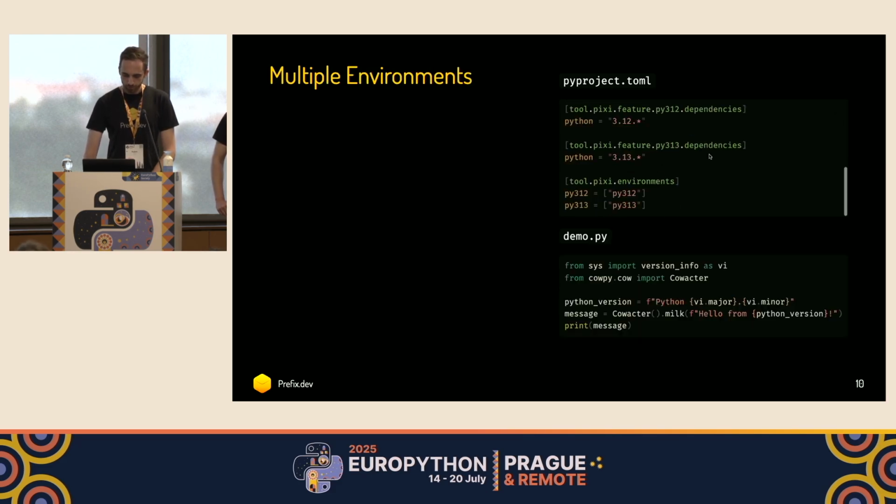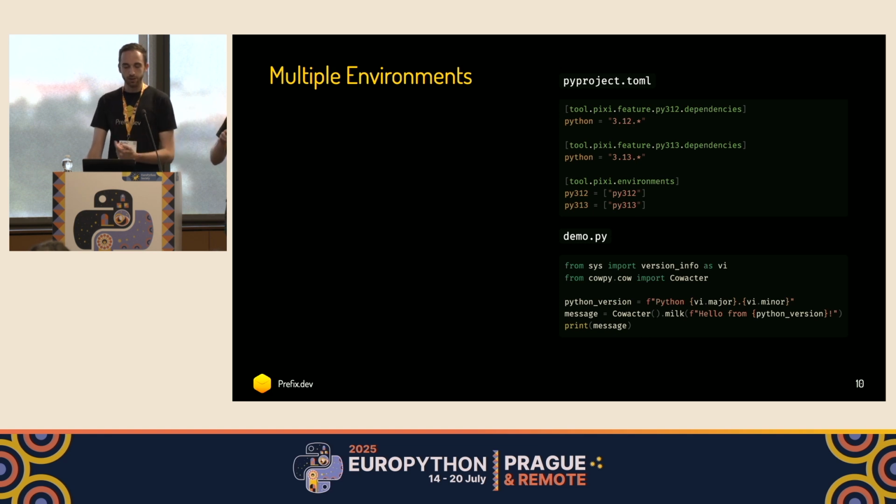Then we go to the next part. Let me scroll down. You can add something called a feature, and a feature is just a set of things that describe an environment. That might sound pretty complex, but in this simple example, we just say, okay, the feature py312 will have the Python dependency 3.12, and a similar feature, but with 3.13.